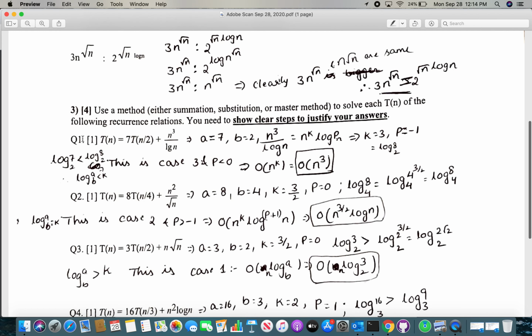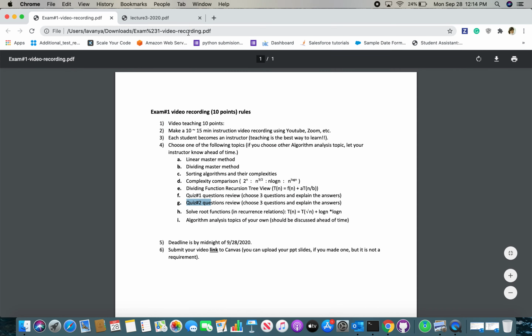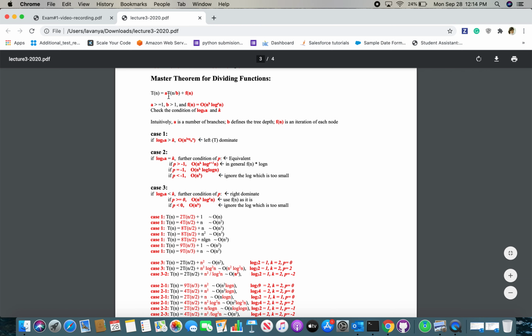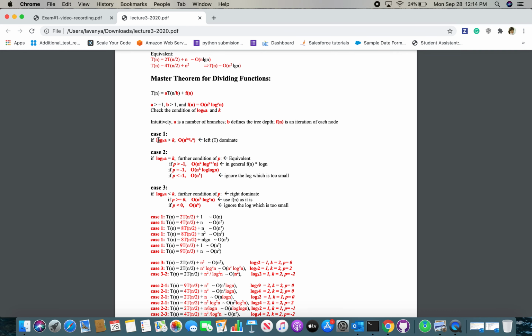So let me show you how we can solve this. This is the format of the master theorem for dividing functions. There are different cases, so we first need to see which case each question falls under, and after that we need to solve it.